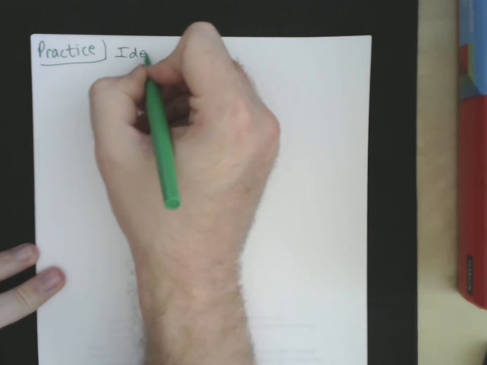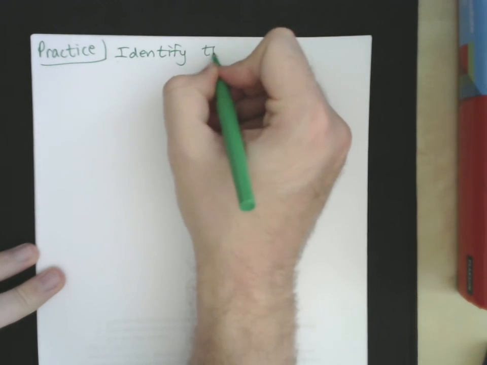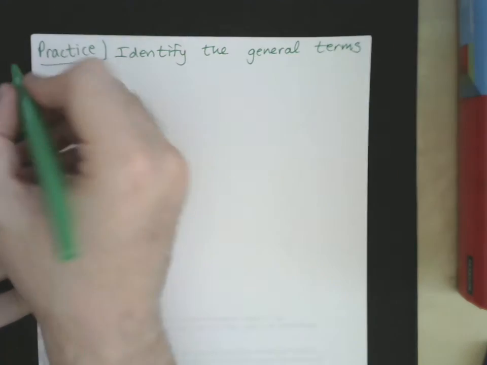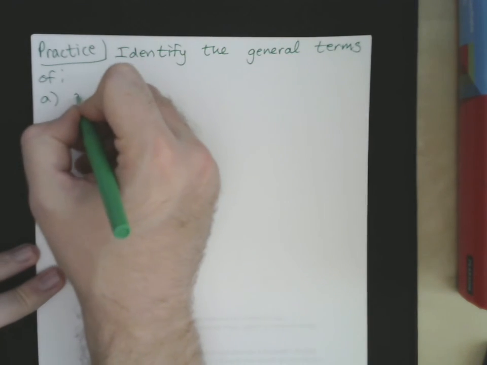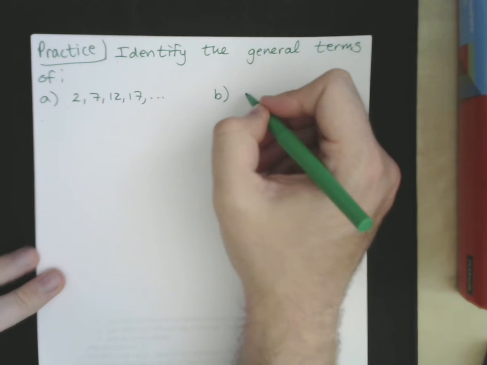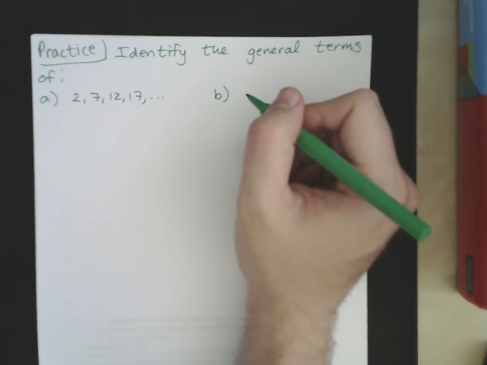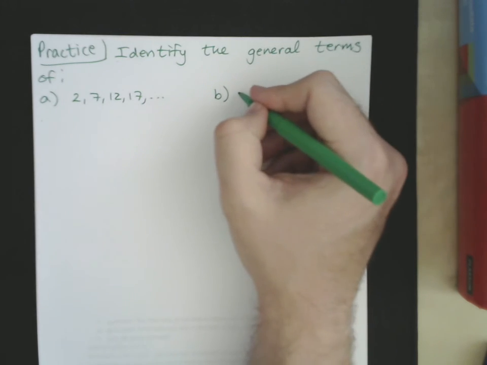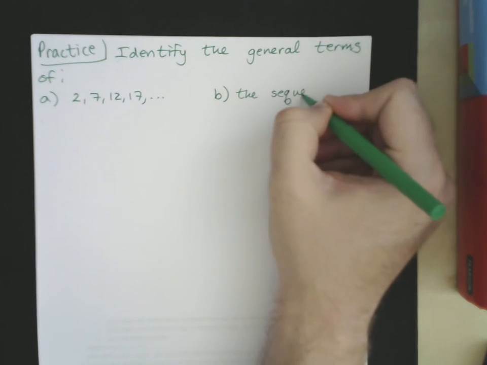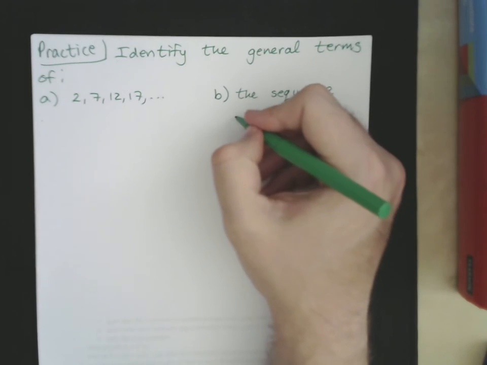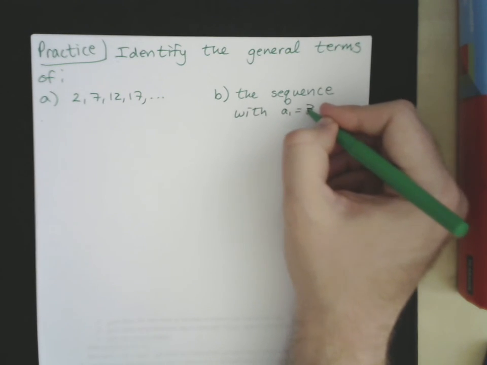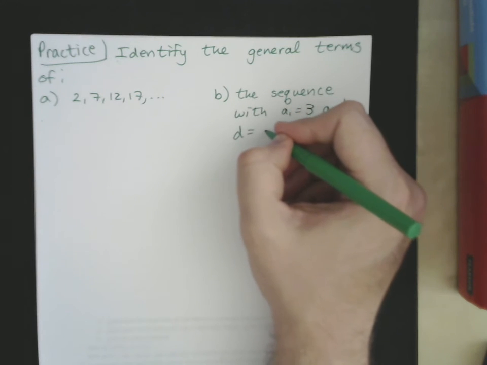I'd like you to identify the general terms of A, 2, 7, 12, 17, etc., and B, the sequence with a_1 equaling 3 and d equaling -5.